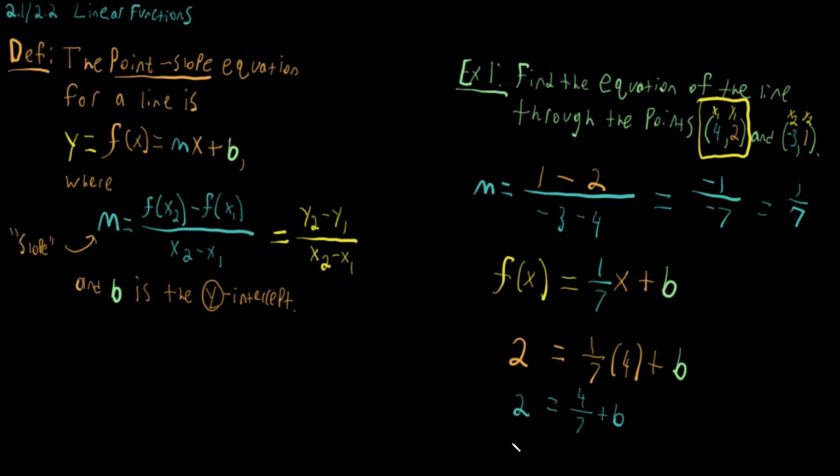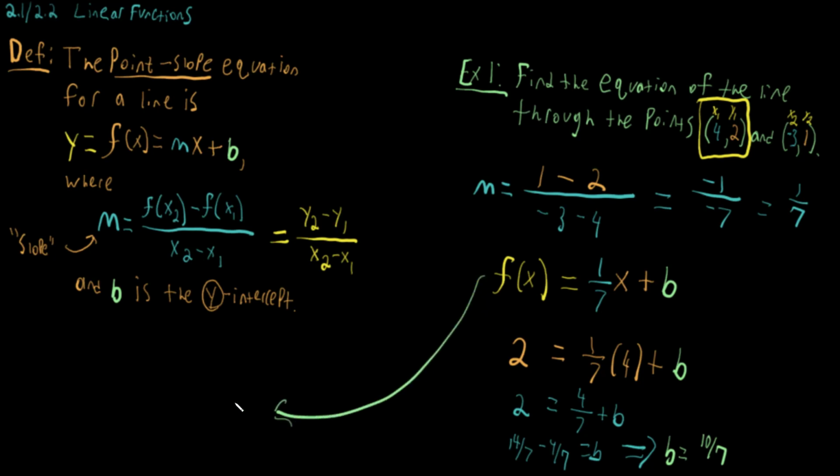We know that 2 is 14/7. I just doubled 7/7, minus 4/7 equals b, which gives us that b must equal 14 minus 4, which is 10. So this is 10/7.